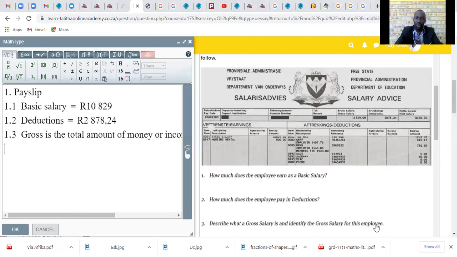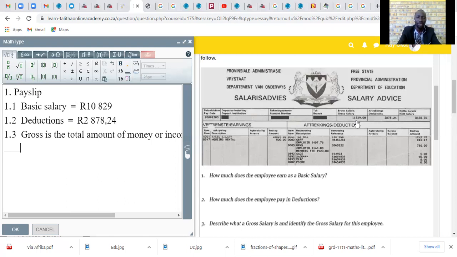The next thing we are supposed to do, after describing it, is to identify what the gross salary is. Well, we come here and look at the payslip and identify the section where there is what we call gross salary. Now, notice gross salary is here, 11,329.